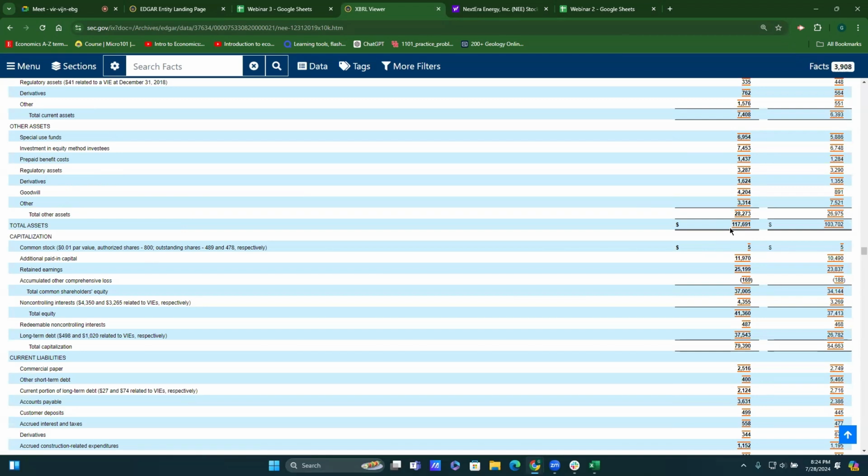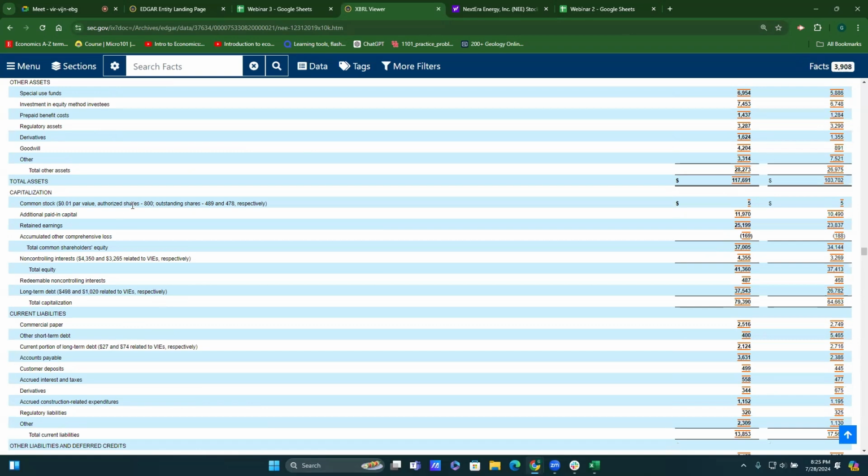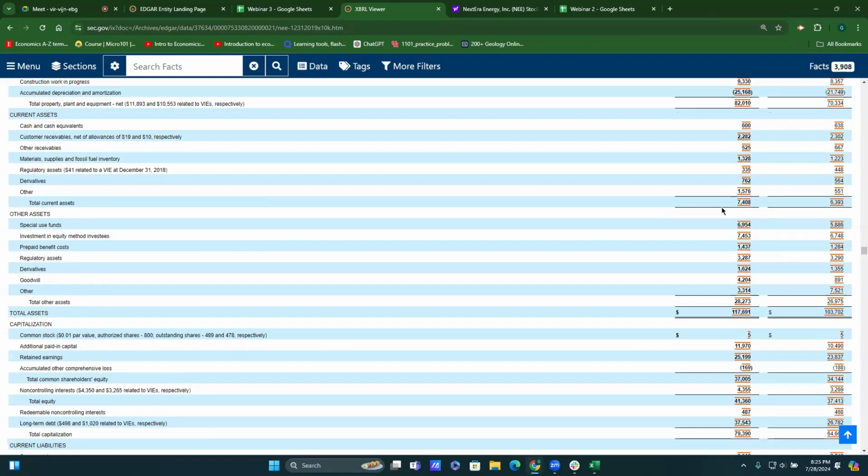Well, that's actually not true. I take that back. Assets equal liabilities plus shareholder equity. But when we do this cash flow model, we do not assume shareholder equity, or what I mean by that is capitalization. It's not part of that. We're assuming total assets and total liabilities, just for reasons.